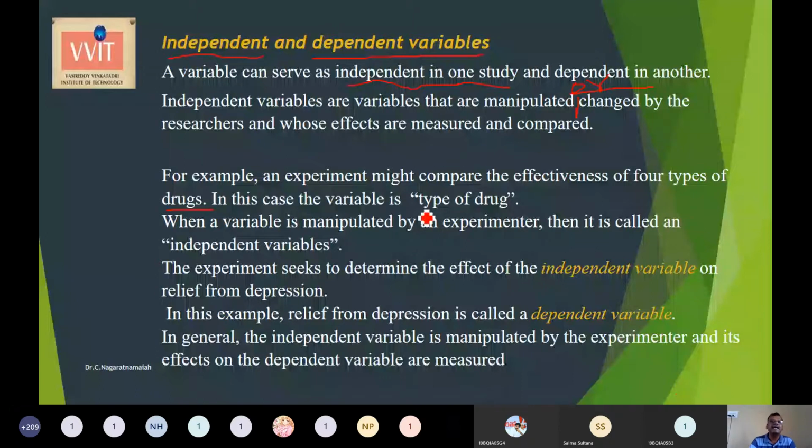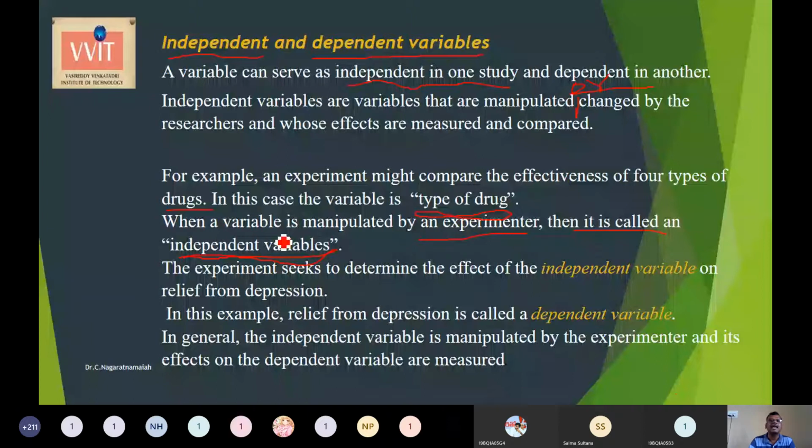When a variable is manipulated by an experimenter, that means the researcher, then it is called an independent variable. The experiment seeks to determine the effect of the independent variable on the relief from depression.